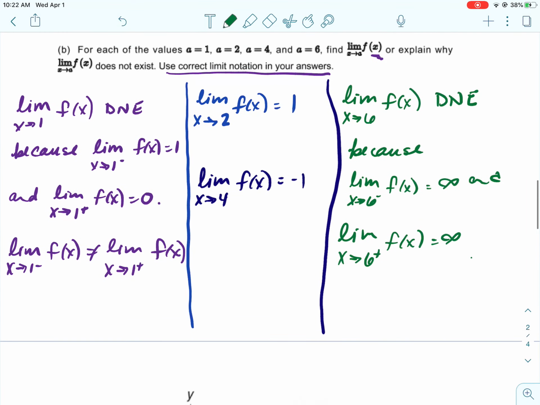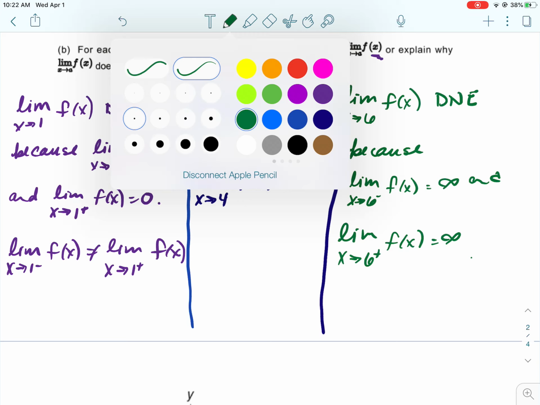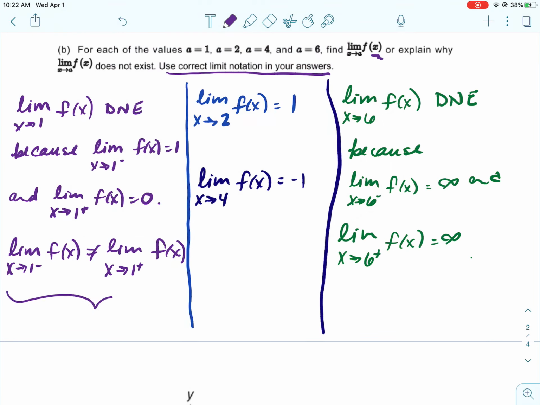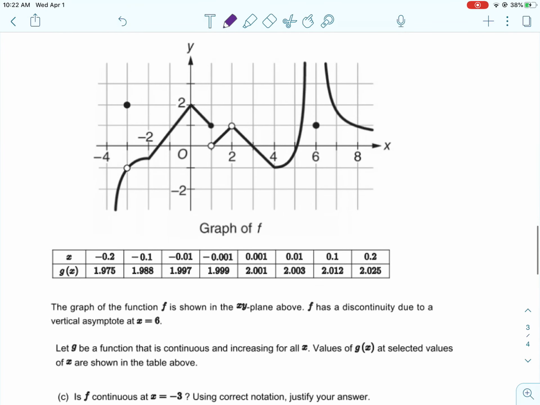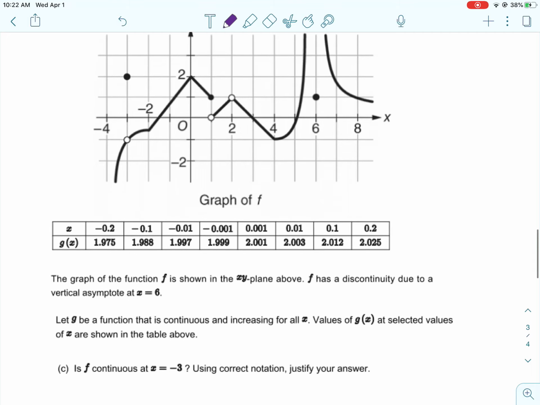And it definitely doesn't exist if we have that vertical asymptote there. All right. Oh, I didn't tell you your points. So this will get you 1 point. These 2 together will get you 1 point. And this last one will give you 1 point.